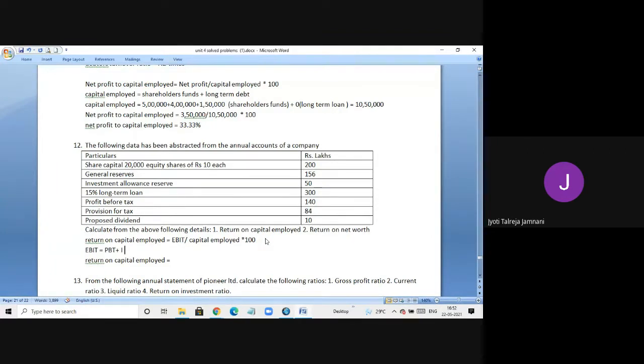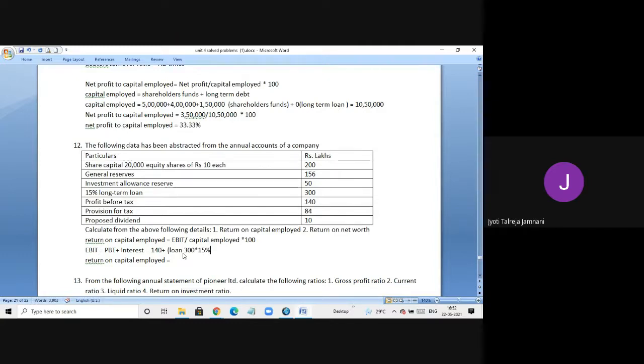If I do that, I'll get the EBIT. So profit before tax is given as 140 plus, I have to see what the interest is. Here you have 15% long-term loan on 300 rupees. We have to pay 15% interest for the long-term loan. So loan 300 into 15% interest on that.